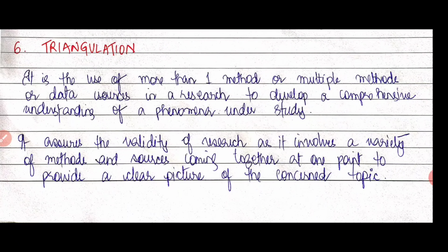You're able to develop a better, more wholesome, more comprehensive understanding of the phenomena or the people or the population under study. And it assures the validity of research as it involves a variety of methods and sources coming together at one point to provide a clear picture of the concerned topic.